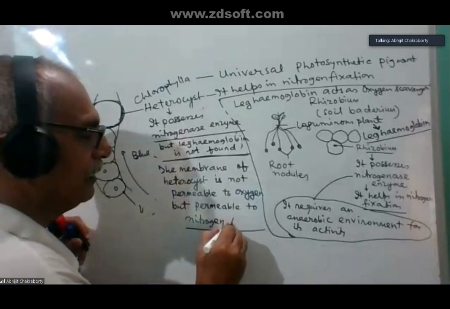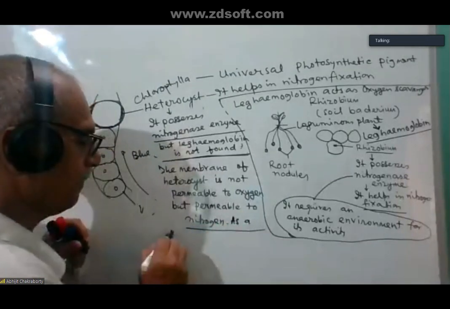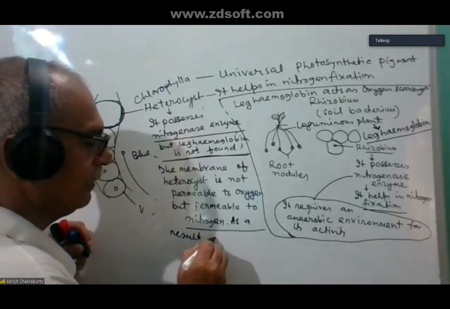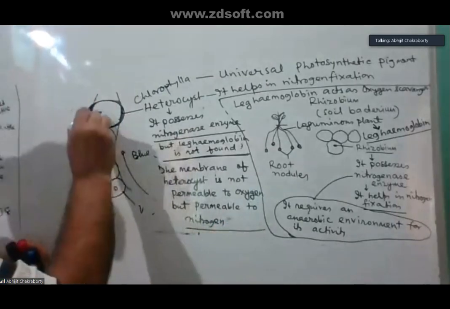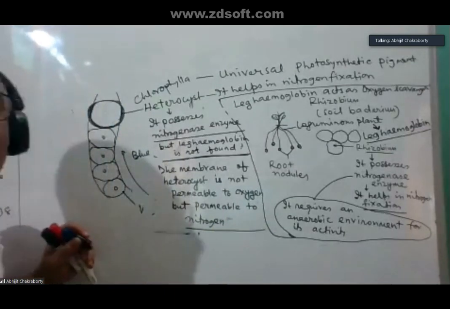As a result, leghemoglobin is not required. So is it clear now how anaerobic condition is developed inside the heterocyst?